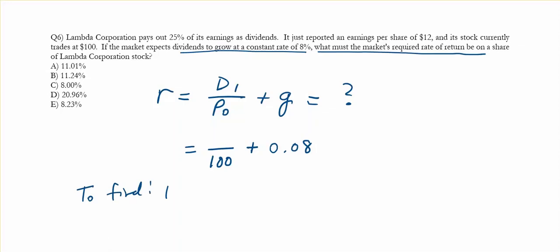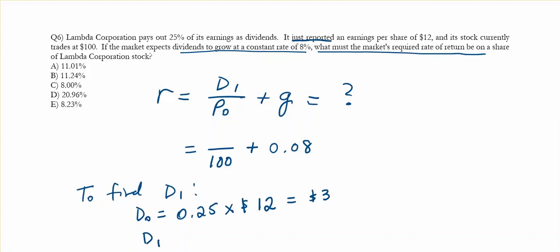So just to clear up what I'm doing at this part. To find D1, let's just write down what we know. We know that D0 was 25% of what the earnings were in year 0. 25% of $12 is $3.